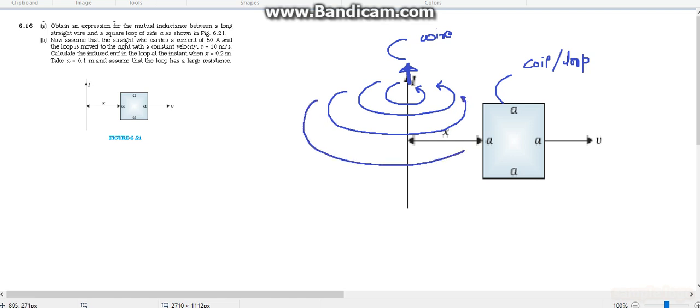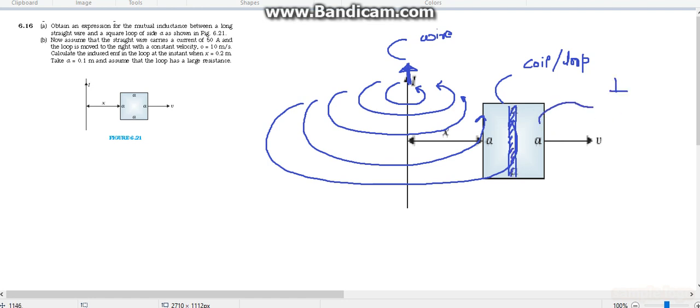Depending upon the location, you have the loops, and the magnetic field lines will hit perpendicular, normal to this surface, by the geometry. Let us take any distance x and let the width of the strip be dx.